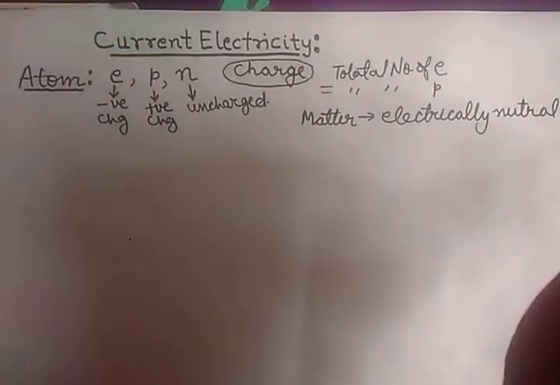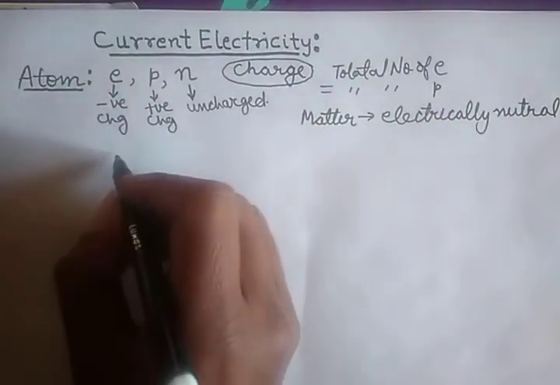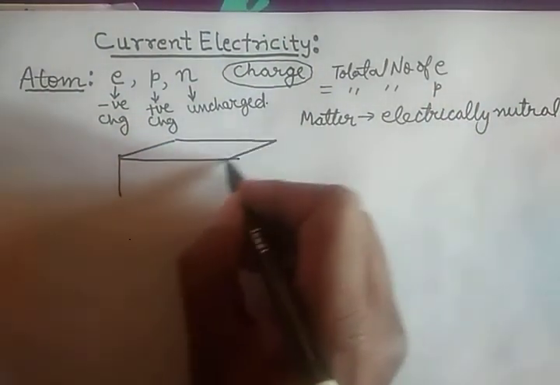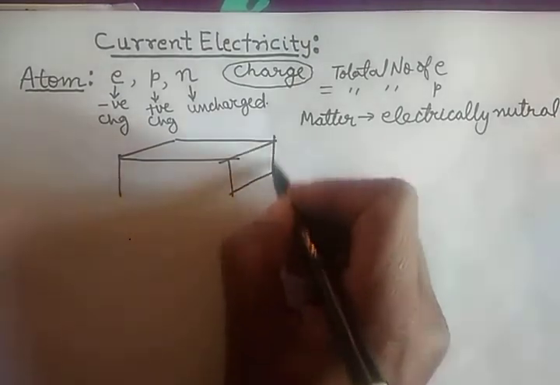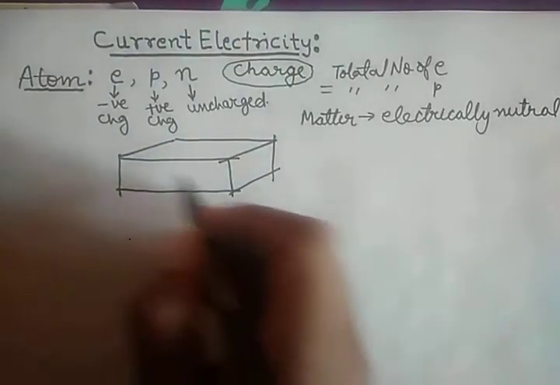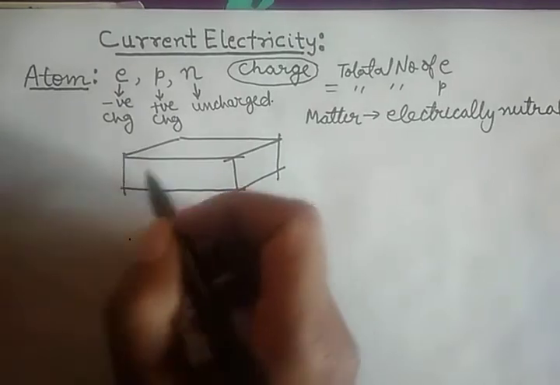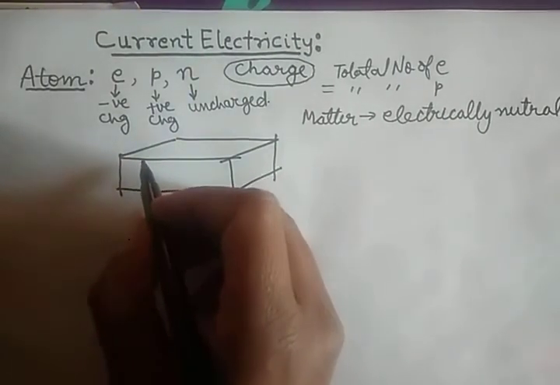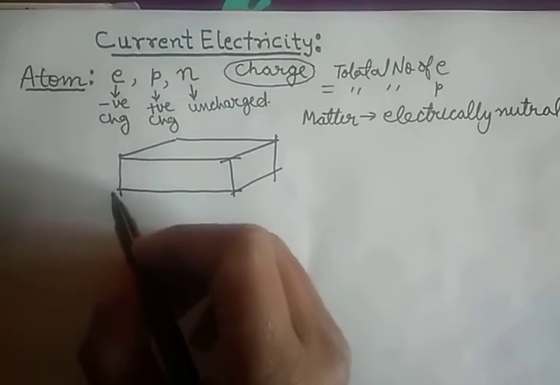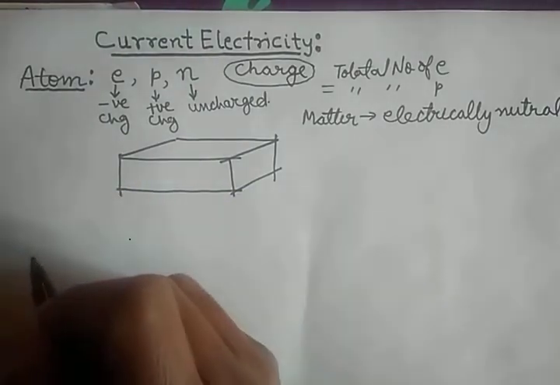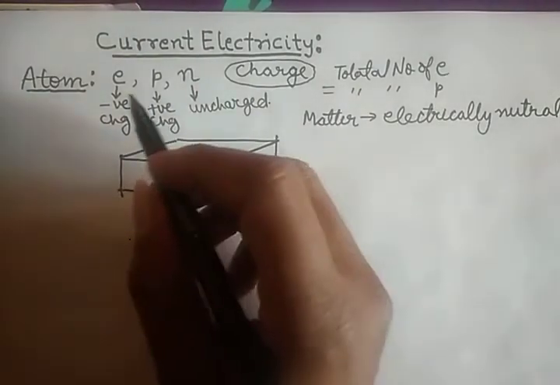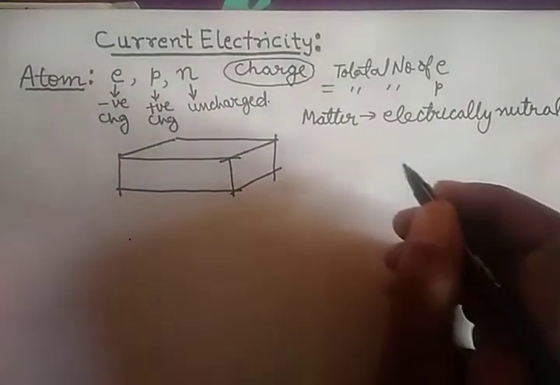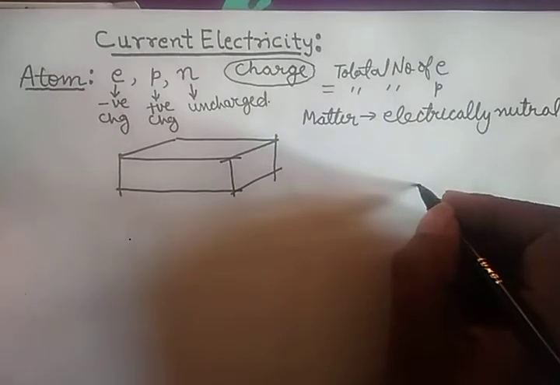So now what happens? Let us suppose we have a block. It will consist of some atoms, and those atoms will have an equal number of electrons and protons. One more thing I want to tell you is that these electrons, protons, and neutrons are arranged in this way.